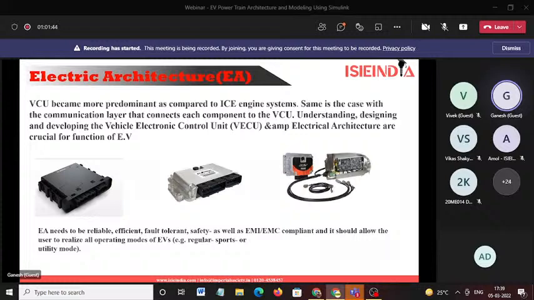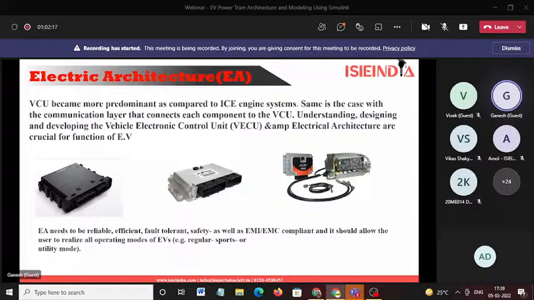They are still coming with new regulations and new standards: how we have to design the model, how you have to develop, what DVP we need to follow when going for electric motors, what drive cycles we need to follow, what your charging system is, and what the discharge cycles are. So this is a very key role in the electric architecture.